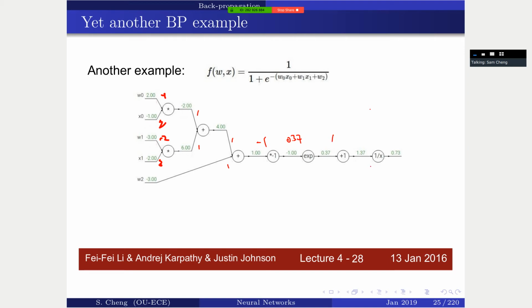And then 1/x, so it should be -1/x², right? I don't know the value here. It's 0.73 squared actually. So anyway, I wrote down all the local derivatives.